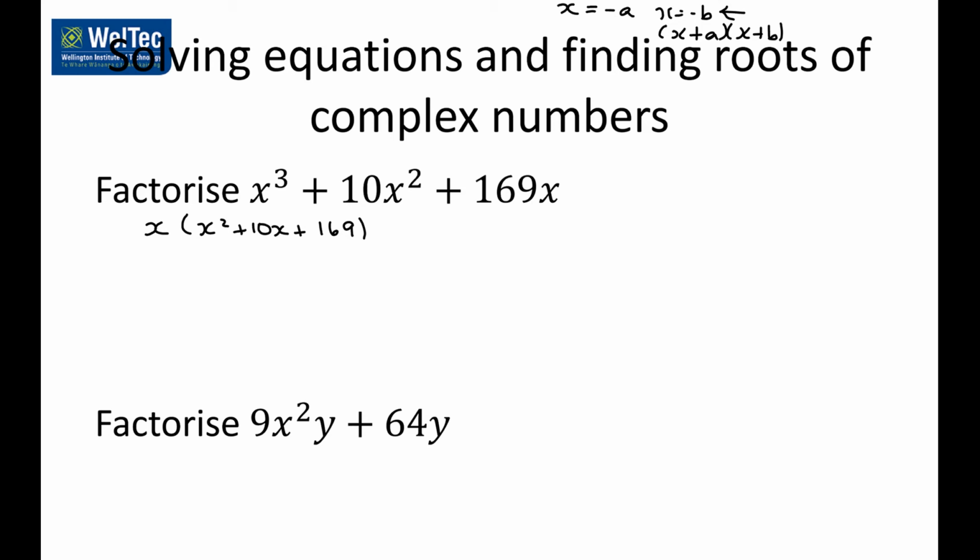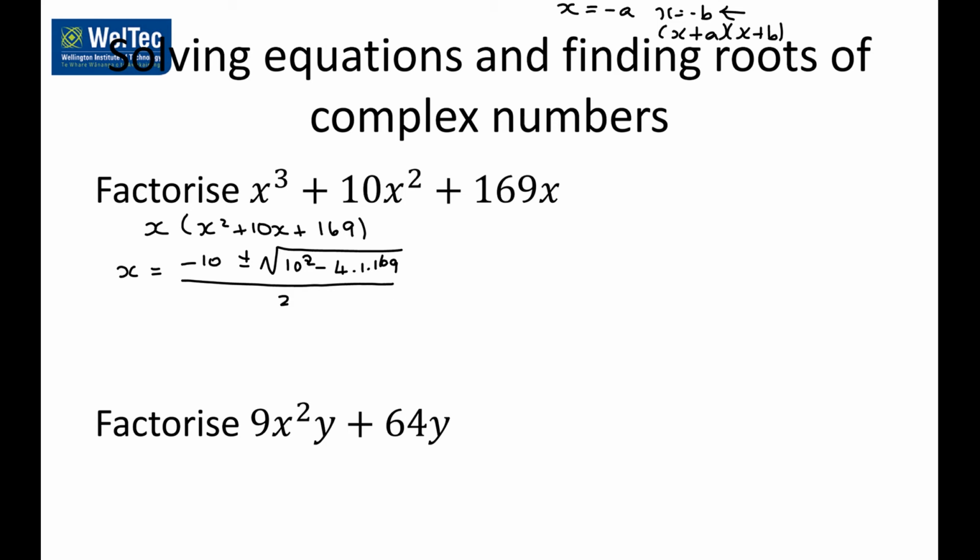So using the quadratic formula, x is going to be equal to negative 10 plus or minus the square root of 10 squared minus, oops, that's squared, 4 times 1 times 169, all over 2.